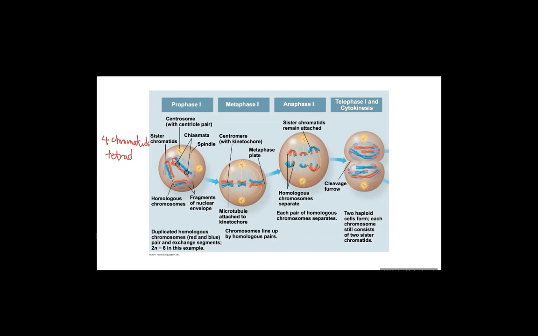We call this chiasmata, or chiasma. Chiasmata is plural, and chiasma is singular. We call this phenomenon crossing over: a pair of homologous chromosomes exchanges some portion of a chromosome. This site we call chiasma.